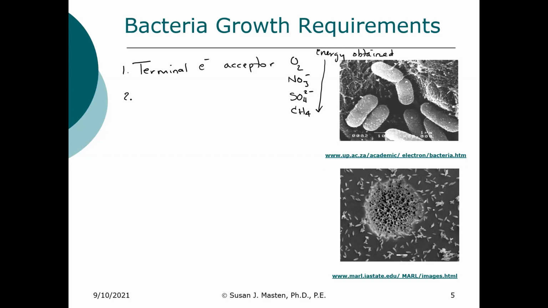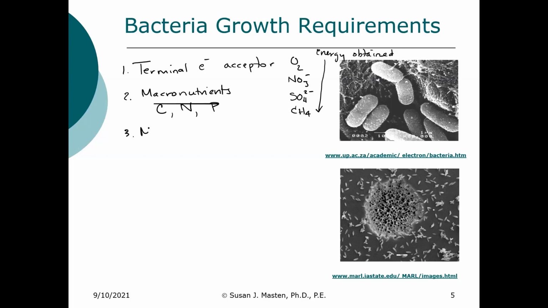All organisms need some sort of macronutrients. The macronutrients are carbon, nitrogen, and phosphorus. So we often talk about a carbon-nitrogen-phosphorus ratio because those are the macronutrients.